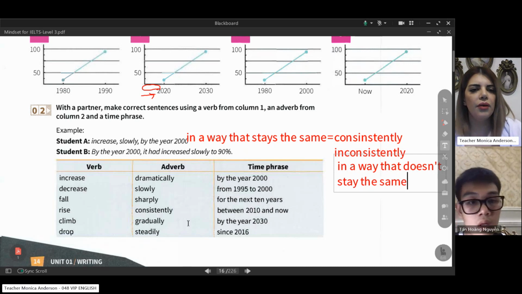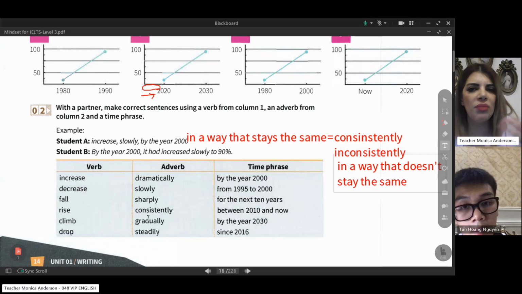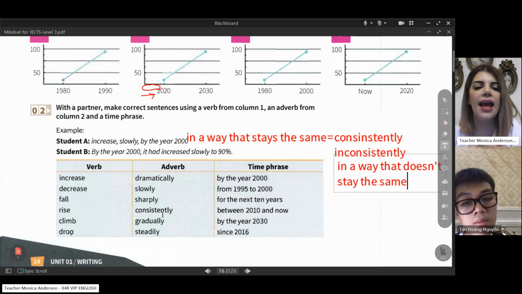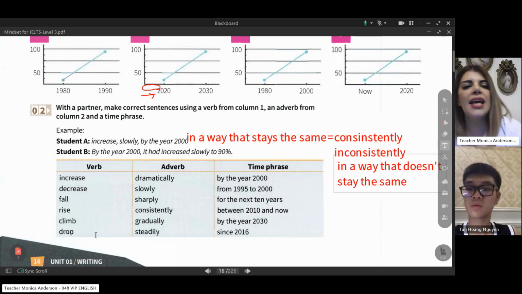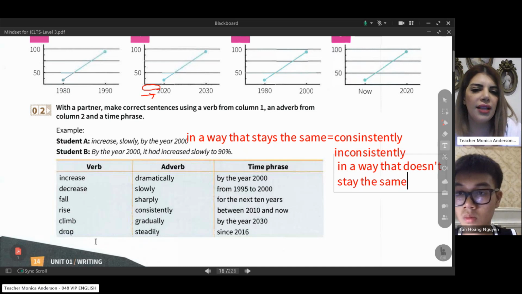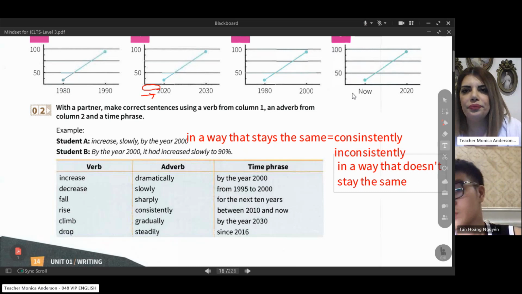So we have dramatically, slowly, sharply, consistently, gradually, steadily. You know the meaning of all these adverbs and how to use them. For example, dramatically increase: you can use them before your verb or sometimes after it. It depends on the sentence and statement you are making. Let's make the last example and then keep going with our new grammar.